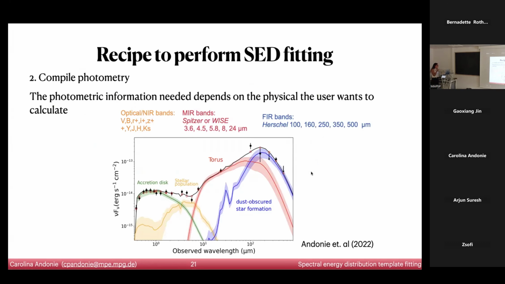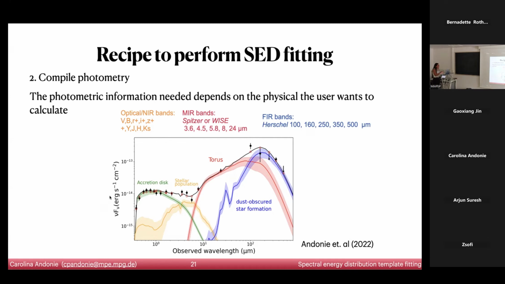Of course, then we need to compile the photometry. And this also will depend on what we want to know from the galaxy, right? If we want to calculate the stellar mass, of course we need to get all the UV and optical photometry. We cannot calculate the stellar mass only with the mid-infrared, for example. If we want to properly calculate the star formation rate of the sources, we need Herschel, ideally.